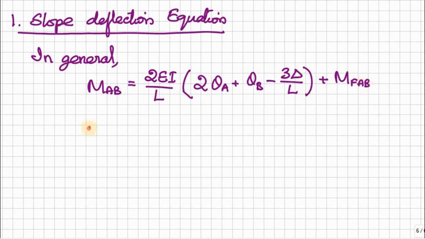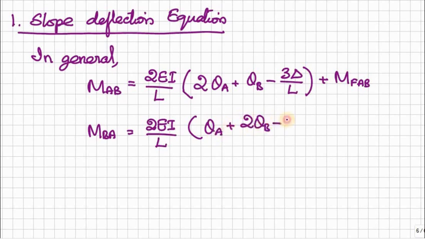Similarly for MBA, 2 EI by L into theta A plus 2 theta B minus 3 delta by L plus MFBA.